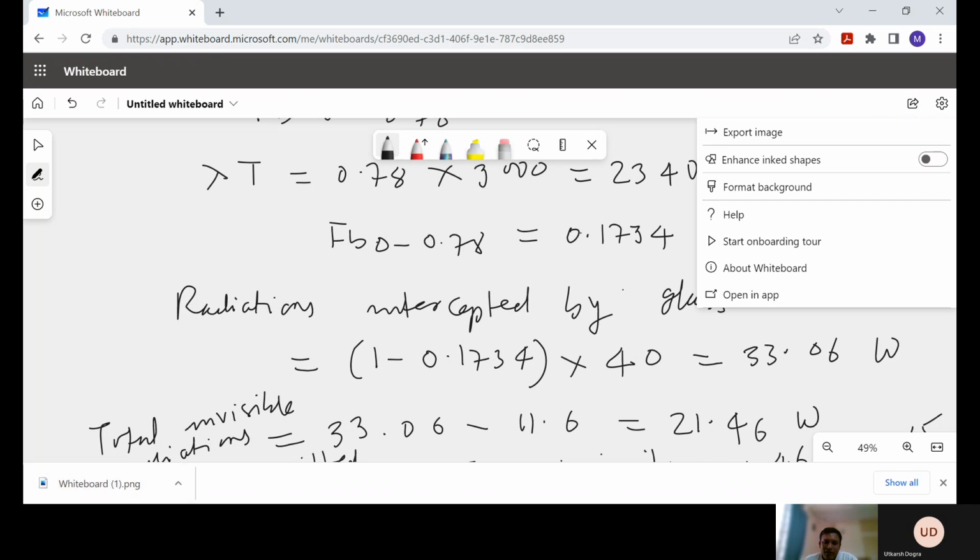Okay, so let me just share this, download. This is tutorial number 9 and 10. Tutorial 9 and 10.